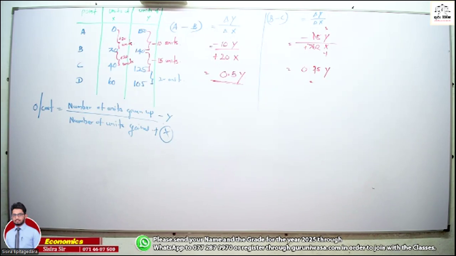Marks will be given without the minus sign, but it's better to put the minus sign as well. The correct answer should be 0.75y. Clear? Marks will be given without minus, it's okay. But if you forget to mention this letter y, I think marks may not be given.